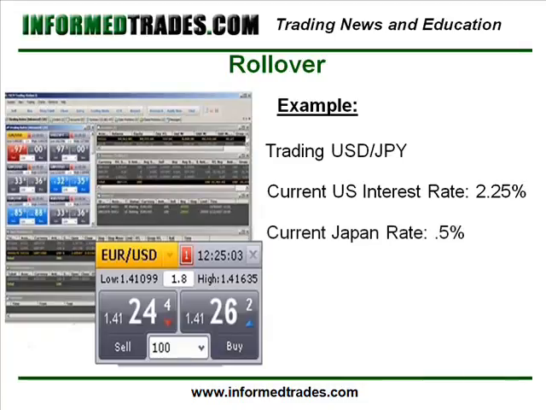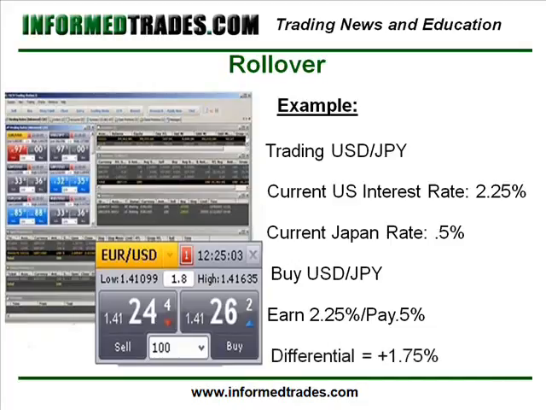As you can see here, when trading dollar-yen, if we buy, then we are long or holding US dollars at an interest rate of 2.25%, and we are short or have borrowed Japanese yen at an interest rate of 0.5%. So in this example, the interest rate differential is in our favor by 1.57%. So we will earn interest if we hold this position past 5 p.m. New York time.